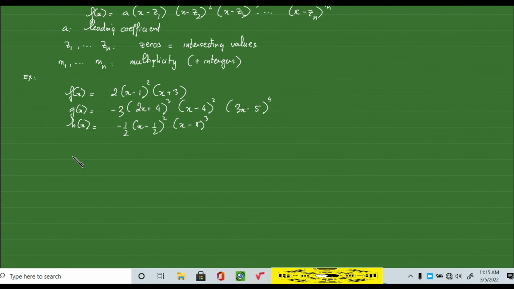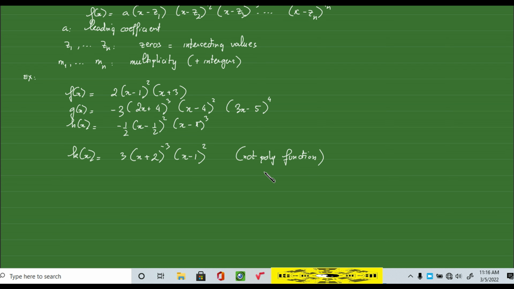If it is a negative integer, then it's not a polynomial function in factoring form anymore. For example, what if I have (3x plus 2) raised to the negative 3 times (x minus 1) raised to the second power? Here you go. This is not a polynomial function, because the multiplicity over here is not a positive integer, but instead a negative integer.